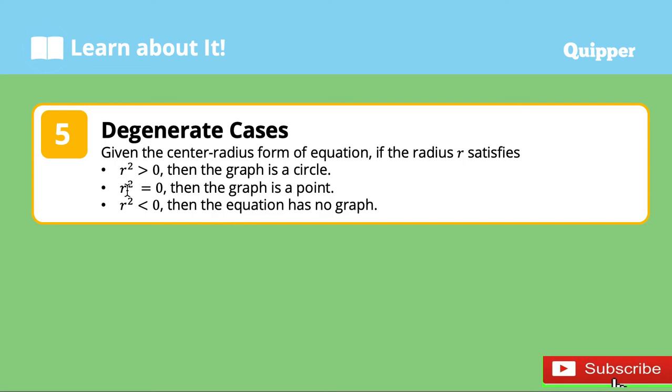If r squared is equal to 0, then the graph is just a point. If r squared is less than 0, then the equation has no graph, or that is not a circle.